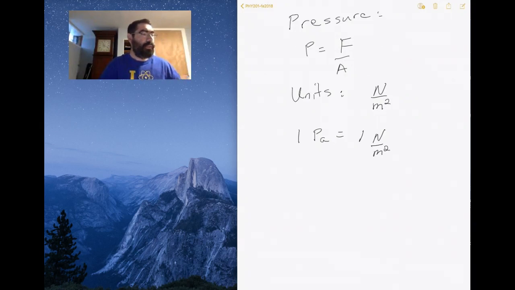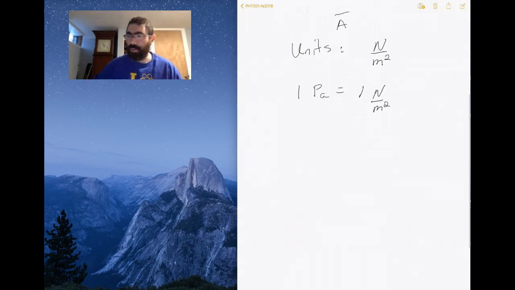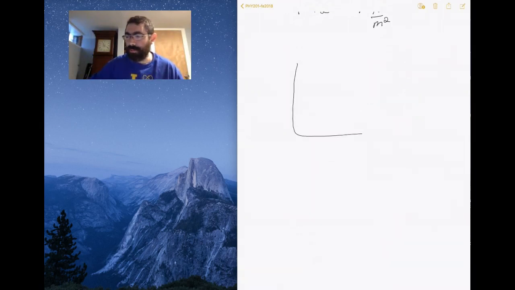Okay, so now what I want to do is take a look at how these pressures are going to be applied to a fluid. So imagine that we have a container that is filled with some fluid, and we're going to look at a particular volume.